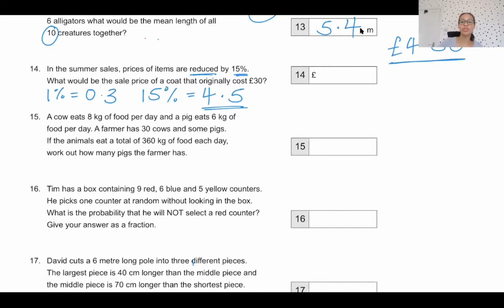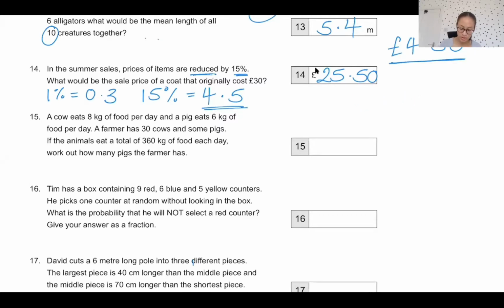And then when you reduce £30 by that amount, we get £25.50. Because it's money, we have to have two numbers after the decimal point, just like we did here, £25.50. Don't make the mistake of writing 25.05, because that's only 5 pence, not 50 pence.